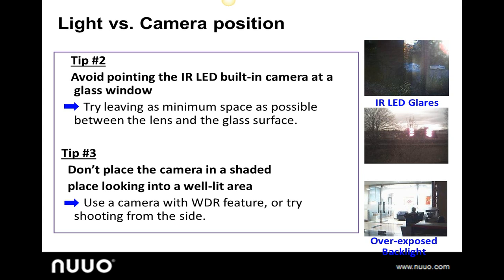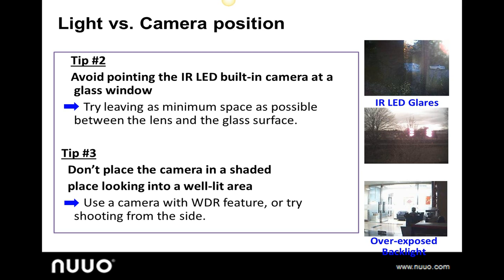And tip three is don't place the camera in a shaded place looking into a well-lit area, or you'll get overexposure. If it's inevitable, use a camera with a wide dynamic range feature, or try shooting from the side.